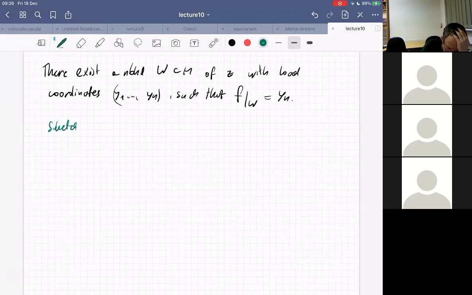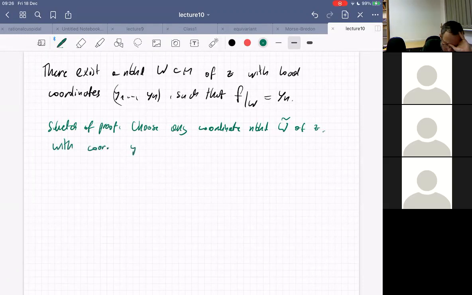Sketch of proof. Choose any coordinate neighborhood of v tilde of z with coordinates y1 tilde, ..., yn tilde, and then we have a nonzero derivative for at least one index i.